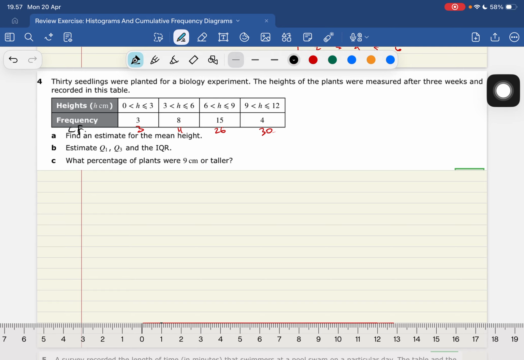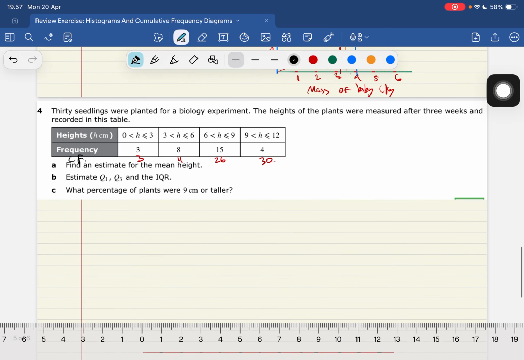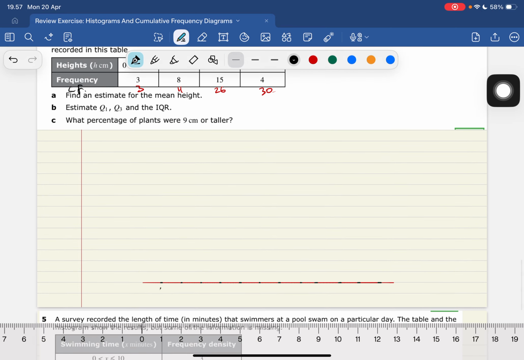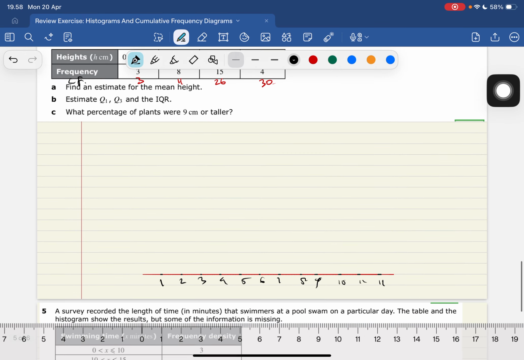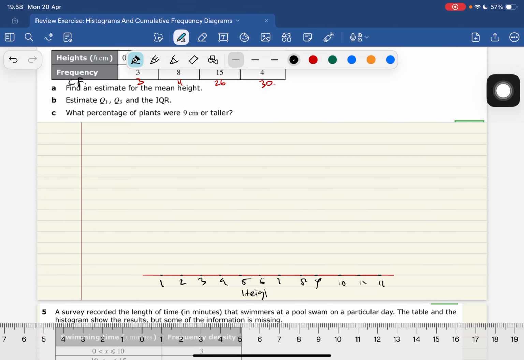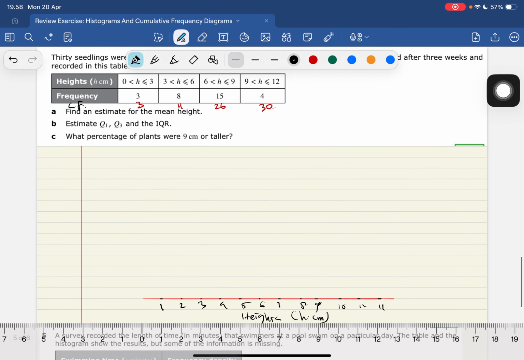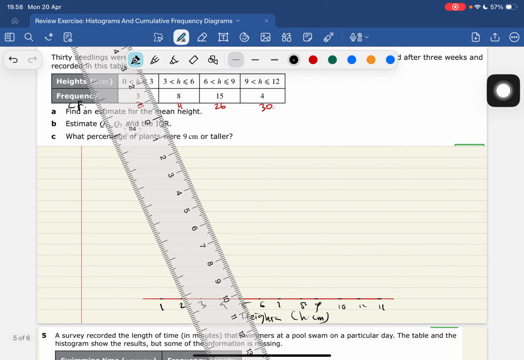So it's 1, 2, 3, 4, 5, 6, 7, 8, 9, 10, 11, and 12. So here is the height in centimeter.